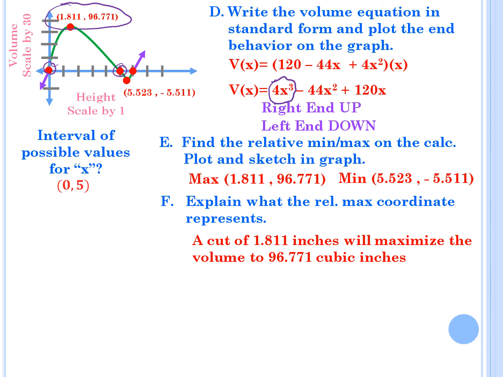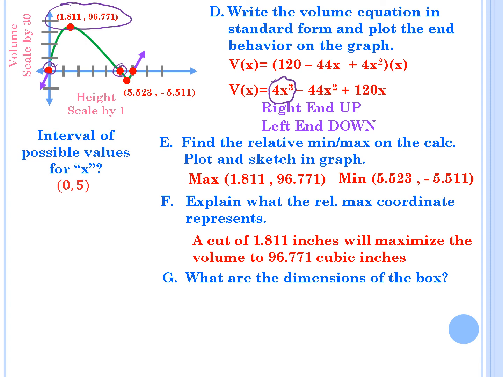So that's telling us that if I cut 1.811 inches off each side of my cardboard sheet, then I will achieve a maximum volume of 96.771 cubic meters. So again, that relative max tells me the biggest cut I can make that will give me the maximum volume.